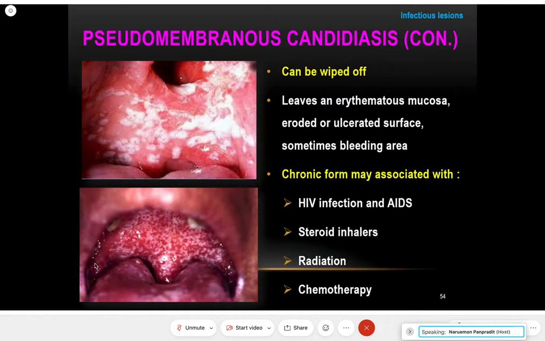You have to ask about that. If they use it, they have a chance of recurrent candidiasis in the deep throat, so you have to recommend rinsing every time after using the steroid inhaler. The chronic form may come not only from steroid inhalers but also from radiation, chemotherapy, or HIV infection.